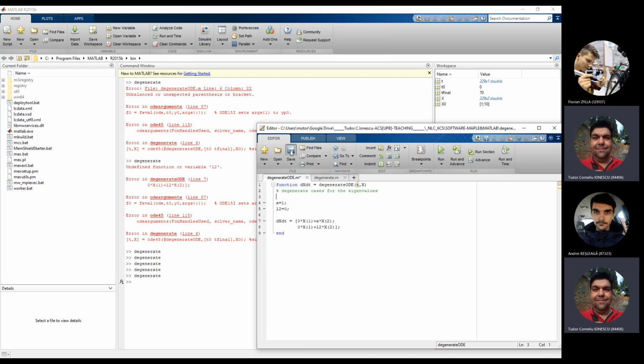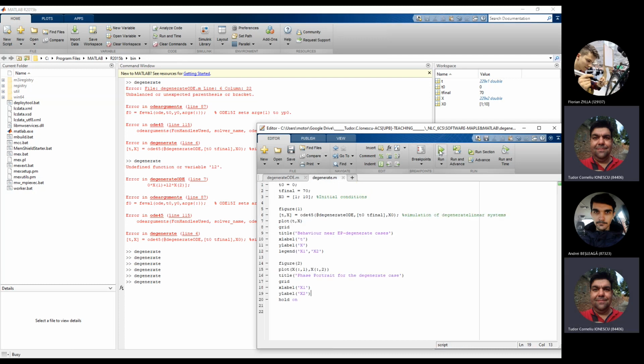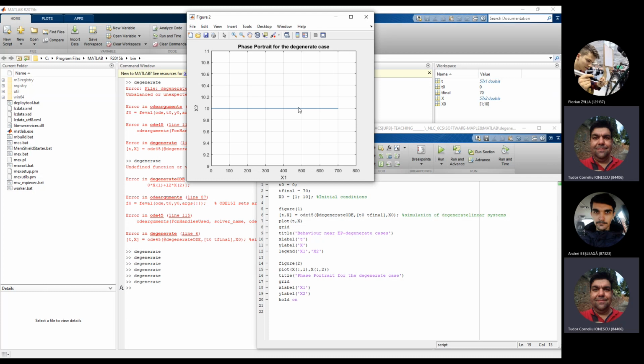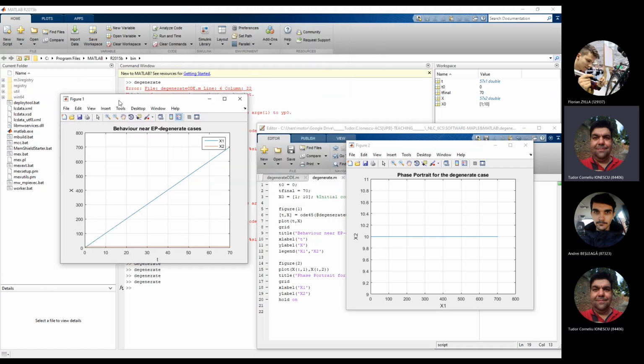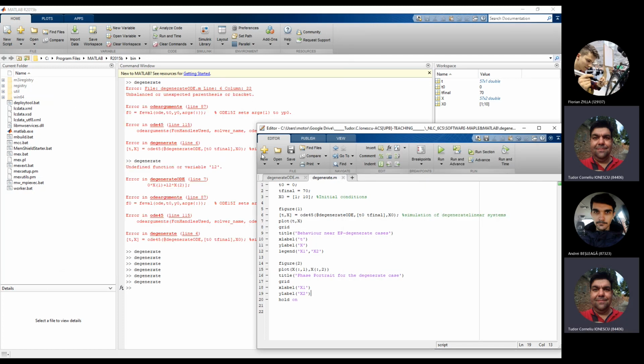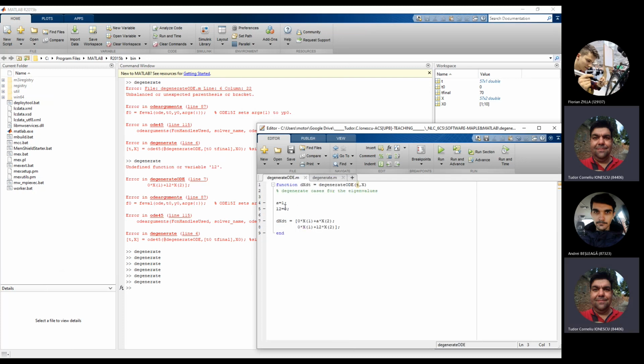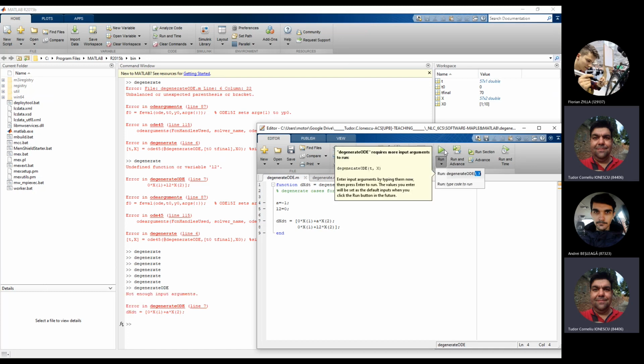Save, run. You see, it's changing now. Look, unstable. X1 is unstable, and this is the horizontal parallel line. Let's see if negative works better, because I would like to see something stable. What's wrong?